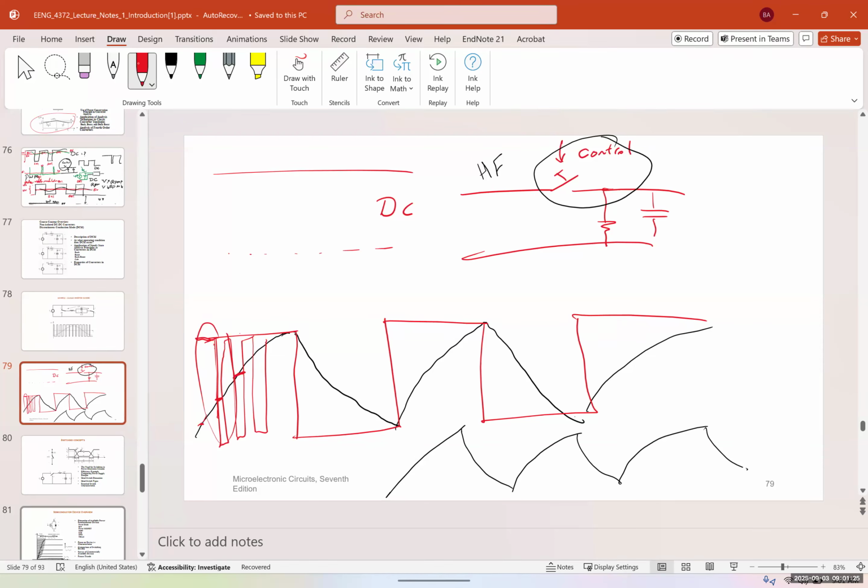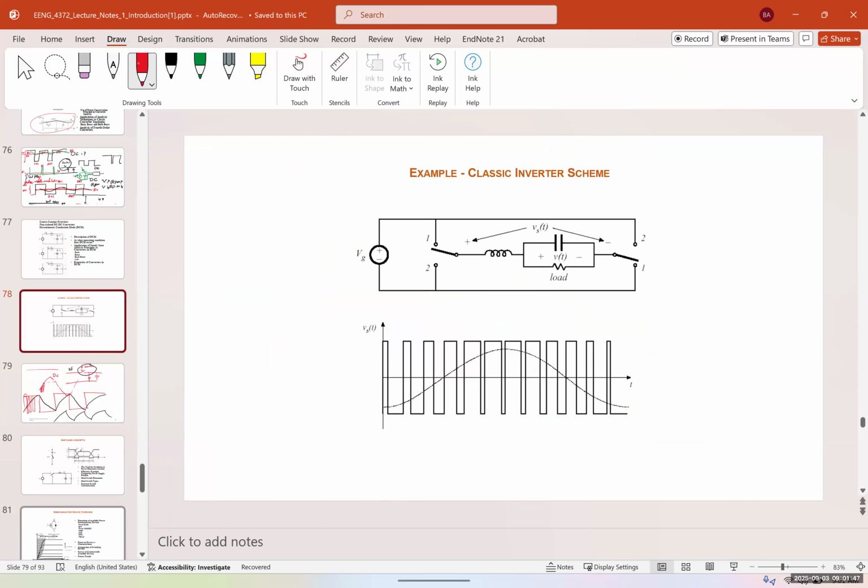So I'm creating a step type of signal. So you're going to have something like this. And when you connect them together with a capacitor or anything, you're going to have something that looks very similar to an AC signal, a sinusoid signal.